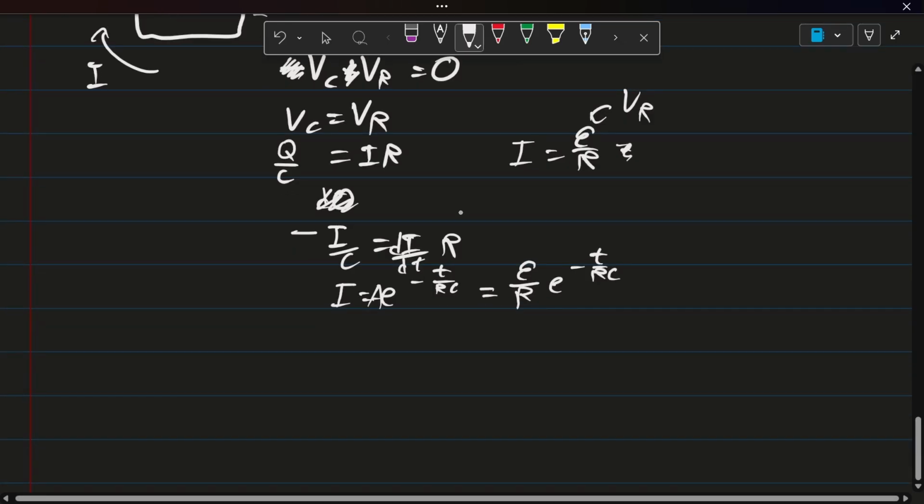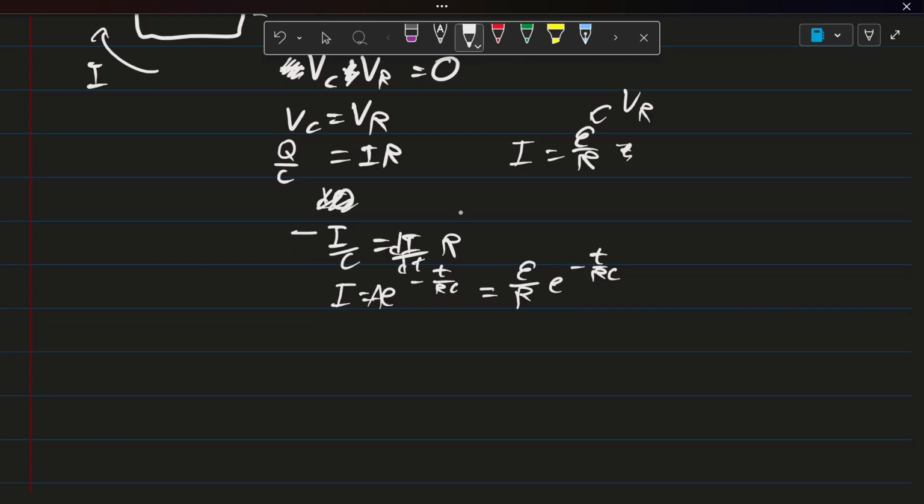So if we try to do the integral of this to get our V, we would get epsilon e to the power of negative t over RC. Yeah, just that.